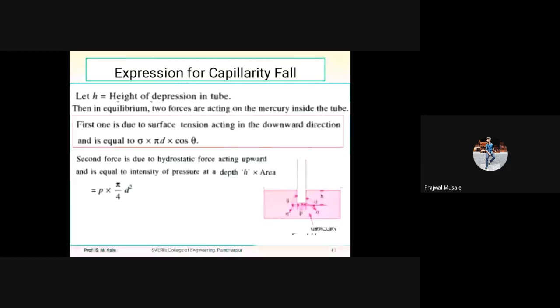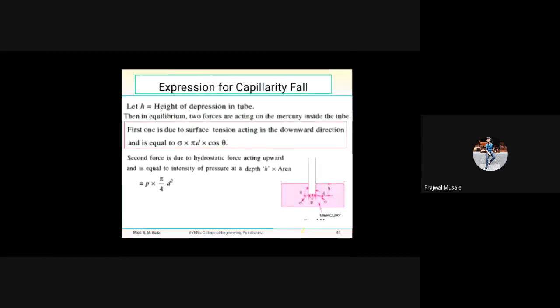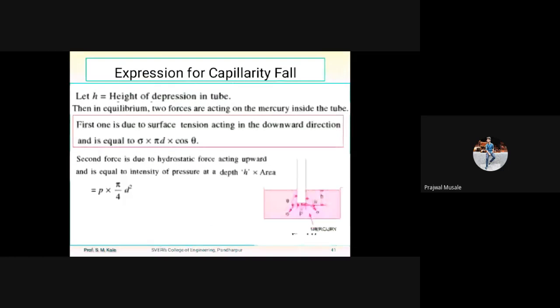Here you are observing that at the downside there is the term P, the pressure intensity at depth H, acting in the vertically upward direction. According to the hydrostatic law, the pressure intensity P acts over the area equal to pi by 4 d square. So here P into pi by 4 d square, where P is nothing but rho g h, gives rho g h into pi by 4 d square.